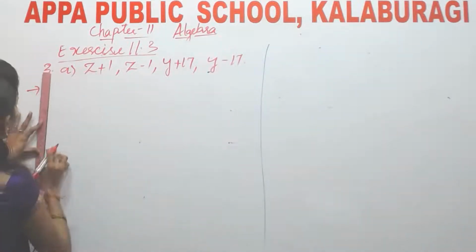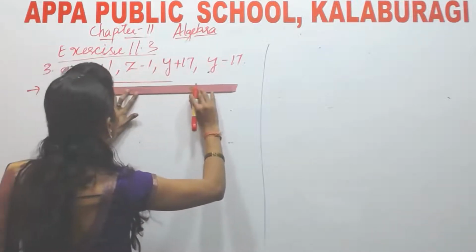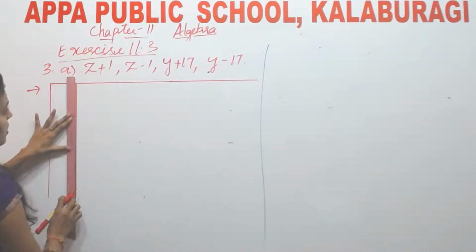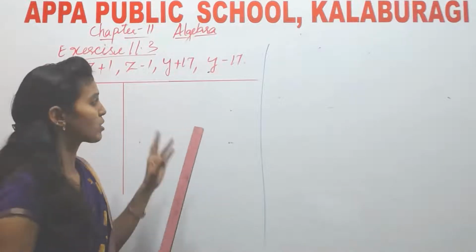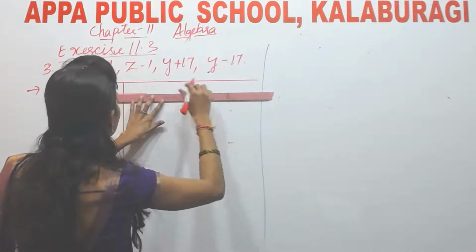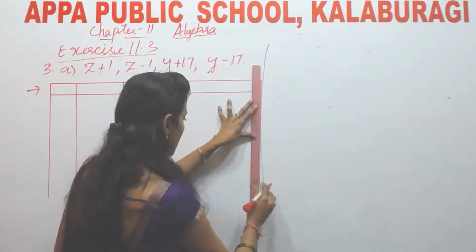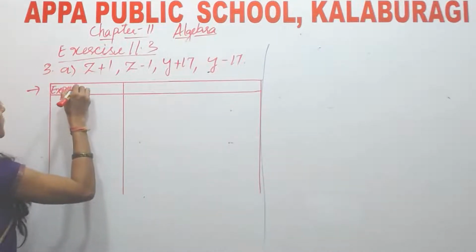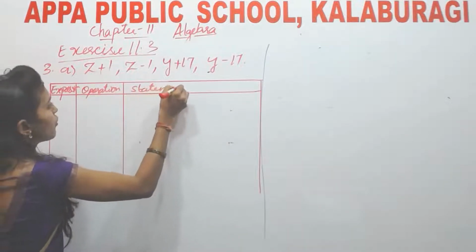Columns: expression, operation, and statement, that is, how it was formed.